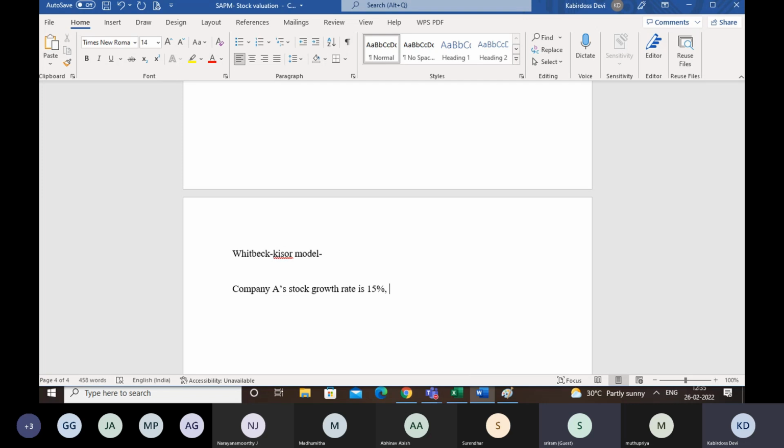In dividend policy, the percentage of dividend they give is called the dividend payout ratio. The dividend payout ratio is 40%. So very big company, 40% dividend payout, and its standard deviation.